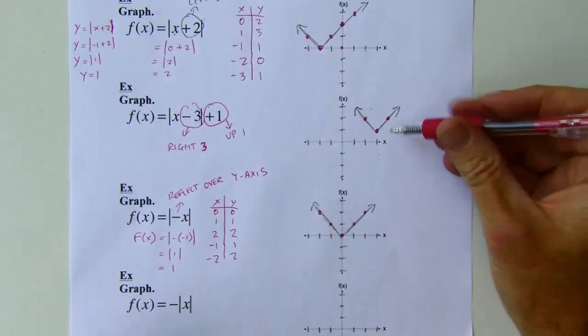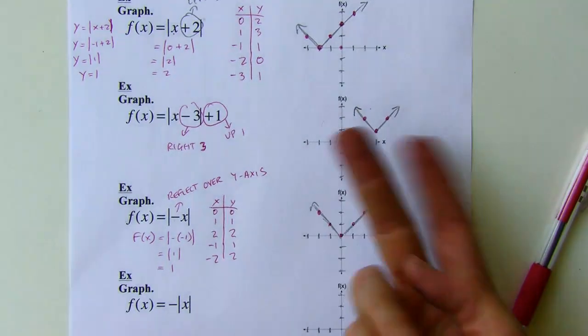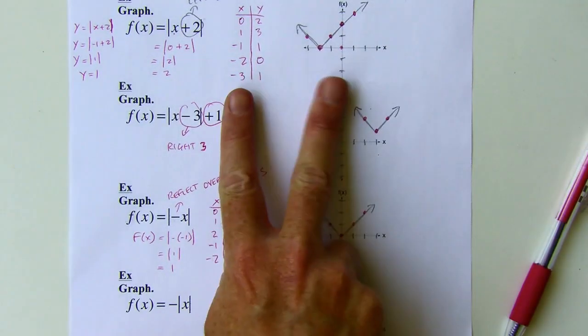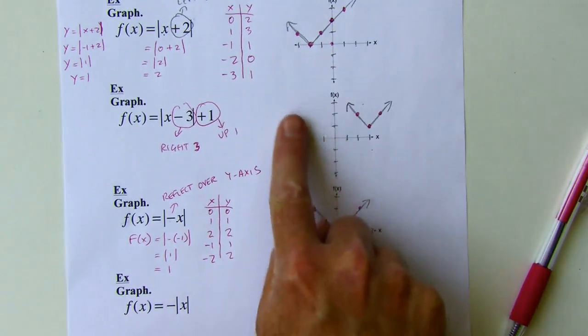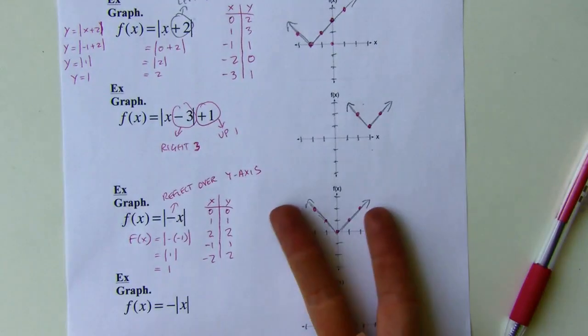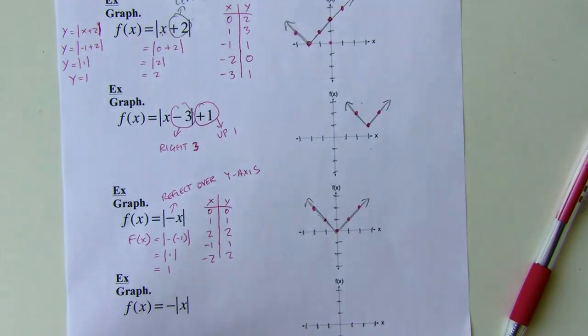Now for the problem above it, if I reflected this over the y-axis, it'd still be a V opening upwards, but it would be over here on the left part. It would be a mirror image of that over the y-axis. But when it's centered right on the y-axis, you can't tell that it's reflected.